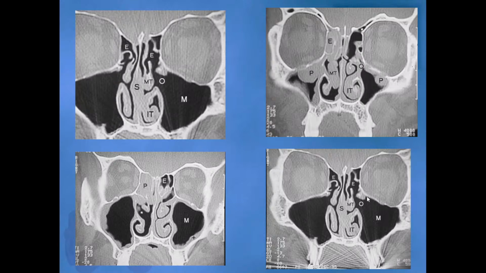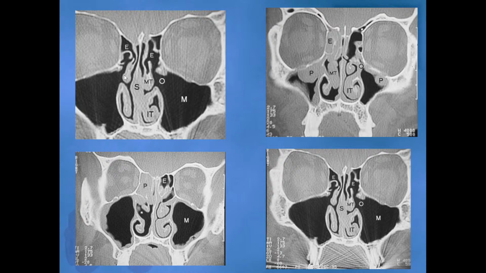On this picture, you can see a CT scan of paranasal sinuses in frontal view, and you can see the structures of the osteomeatal complex.